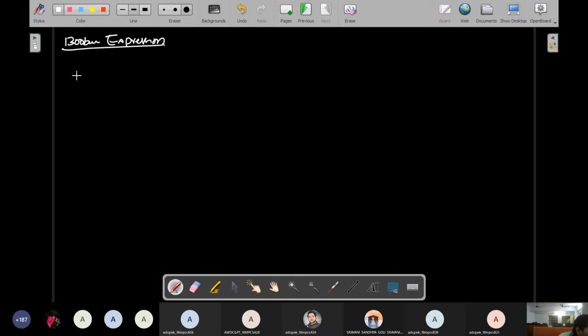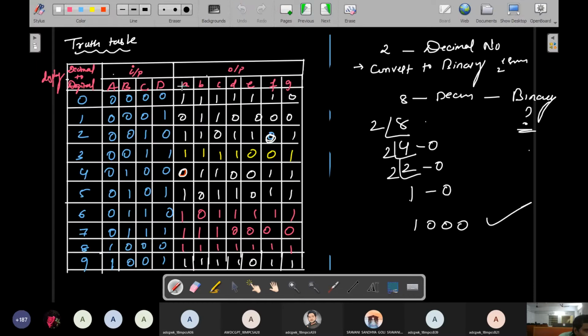So first of all, using K maps, this is called a K map, simply we will denote it as K map. Using K maps, the boolean expressions are for the first output, small a, then b, c, d, e, f, g. So I'll write 7 boolean expressions. First of all I write for small a, after that small b, after that c, d, e, f, g, like that.